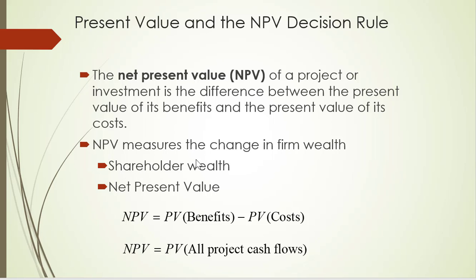That's what it measures. So net present value is just the present value of all project cash flows. But more simply, it's the present value of the benefits, the present value of future cash flows, minus the present value or the investment cost of a project.